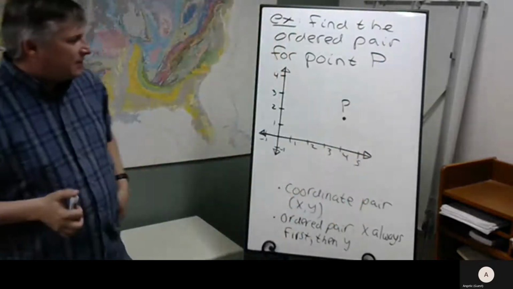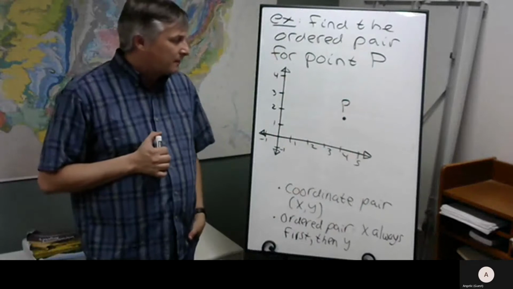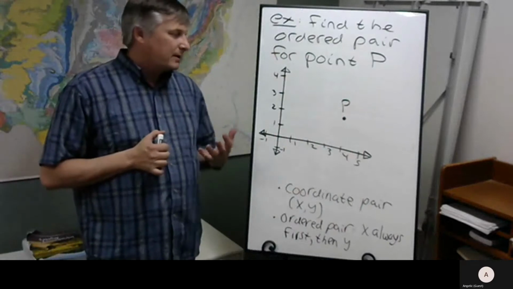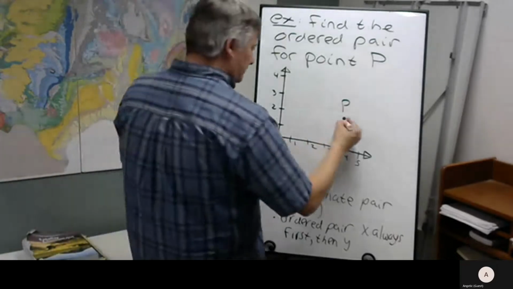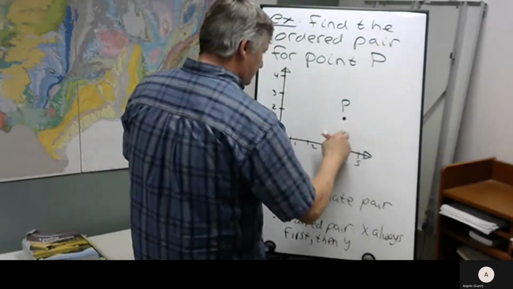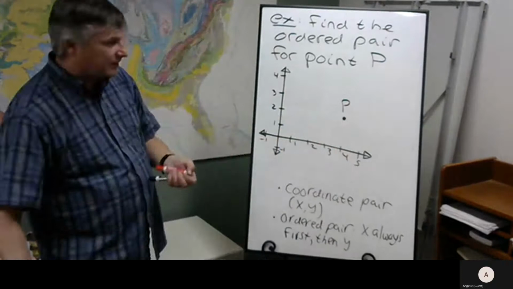So let's say we have P located in this spot in space. The way we try to come up with the ordered pair for P is we draw a line from P. And I'll do a second one. We'll do this sort of like an animation.